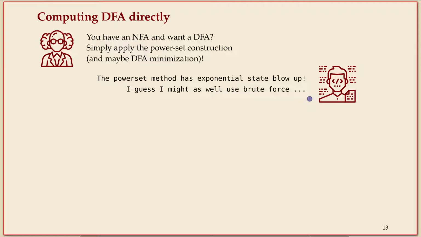The programmers who have seen it will rightly object that while this is cool, it's an exponential blow up in the number of states. As the term suggests, you're basically creating a DFA using all the possible subsets of states. And that sounds really expensive. So he's already giving up.